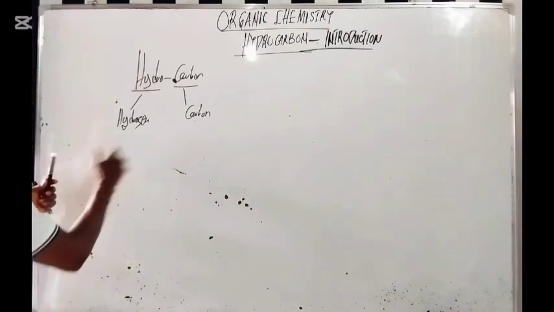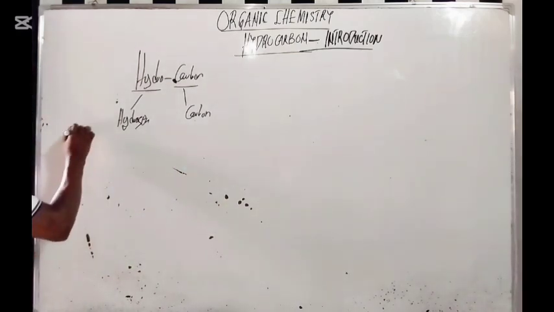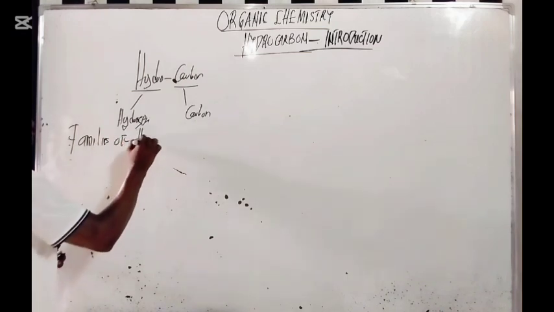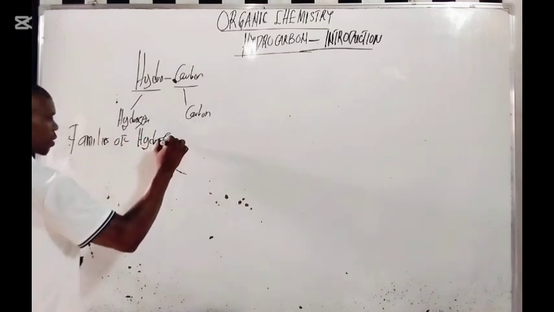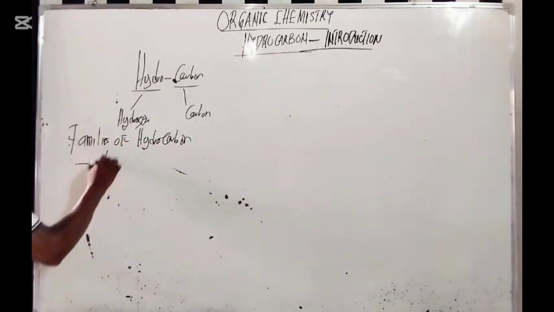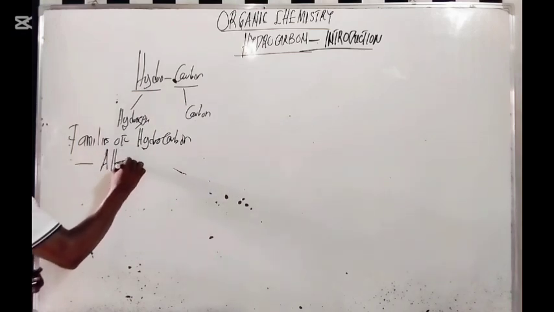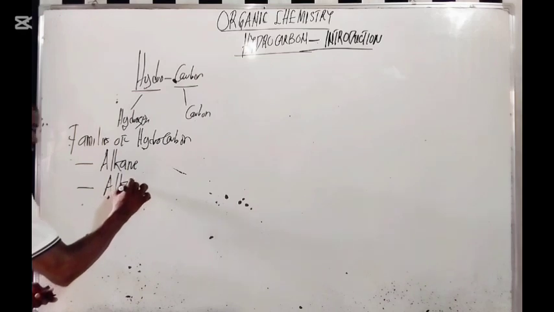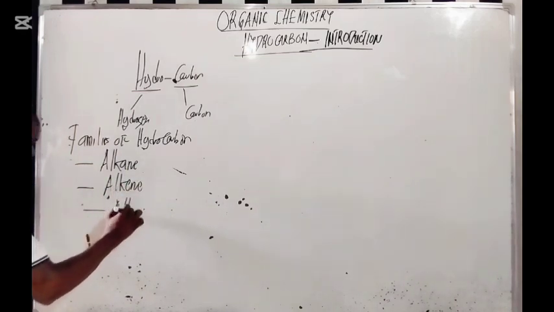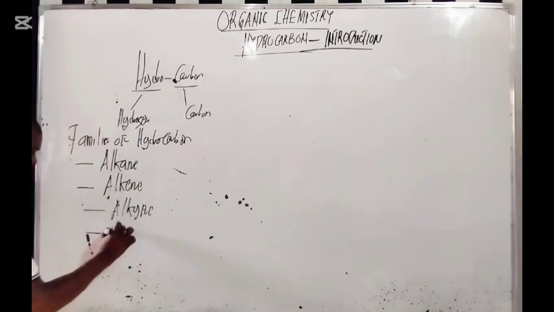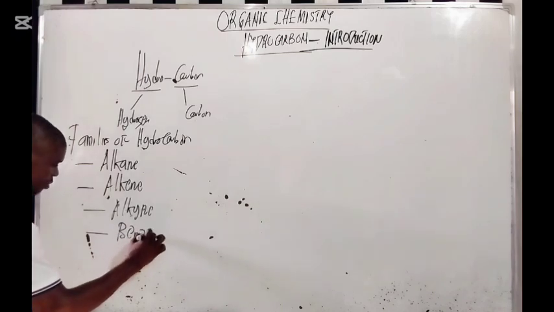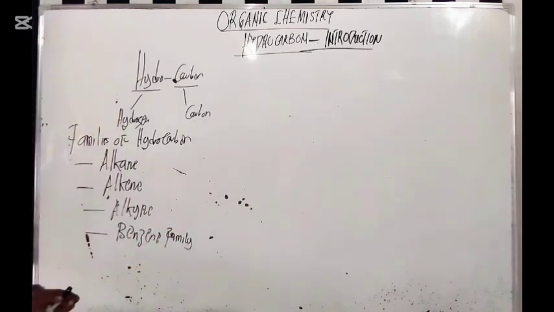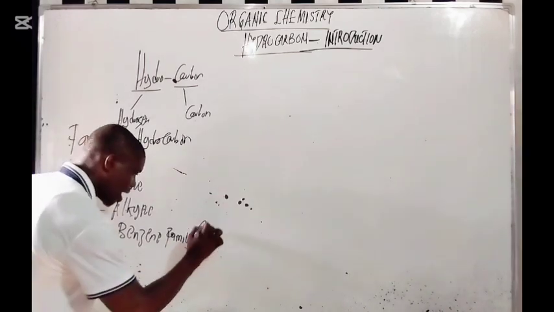Here we have about 4 families. The families of hydrocarbon: here we have the Alkanes, the Alkenes, the Alkynes, and the Benzene family, which is also called the aromatic.